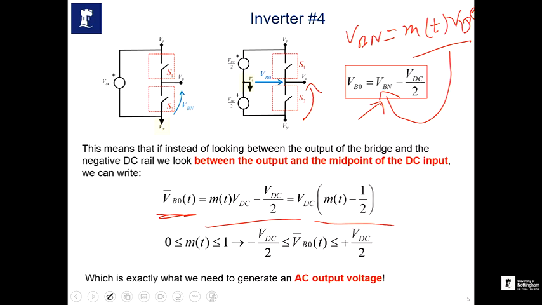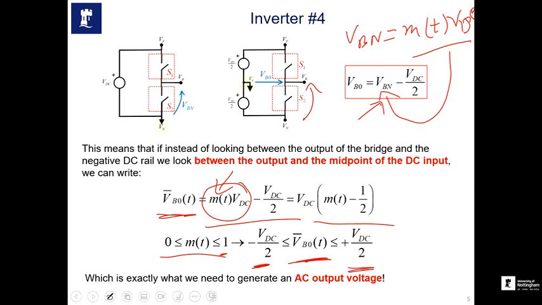and if you take the VDC out, which gives this, and because MT, which is our modulation signal, we know is limited between 0 and 1. If you put, for example, MT equal to the minimum value 0, VBO average becomes minus VDC by 2, which is the minimum value. If we put MT as the maximum, which is 1, then VDC minus VDC by 2, which means plus VDC by 2.